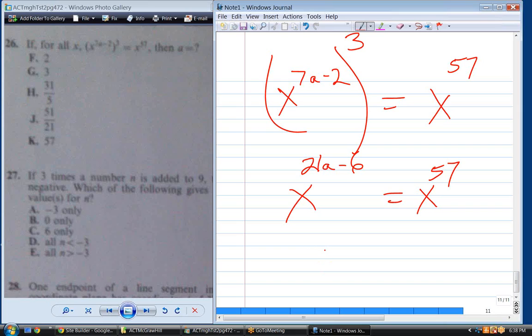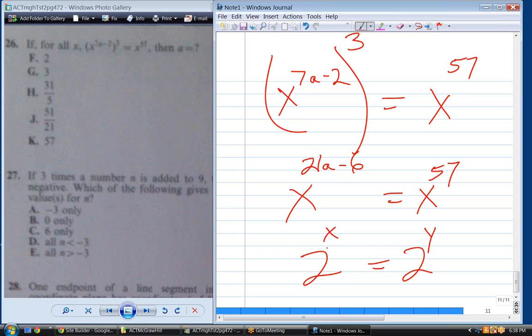Add 6. No. If I told you that 2 to the x was equal to 2 to the y, what could you say about x and y? They have to be equal. Yeah.